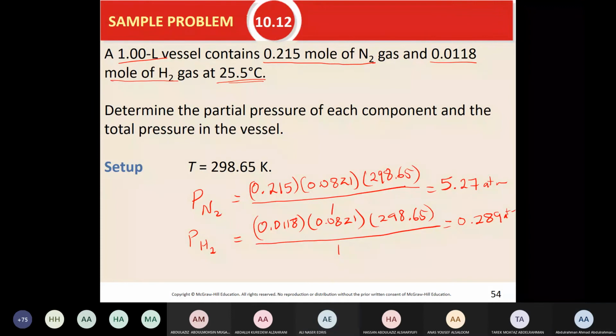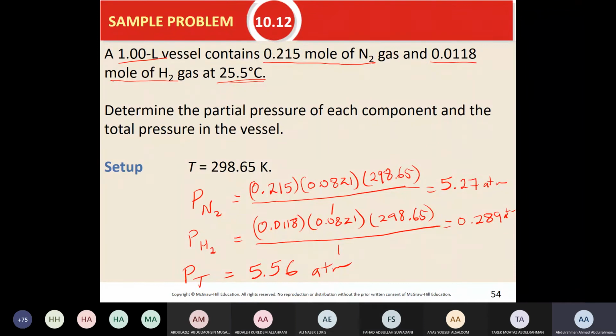Good. What's the P total? The sum of them, which is going to be what? 5.56. How easy? Super easy. Very good.